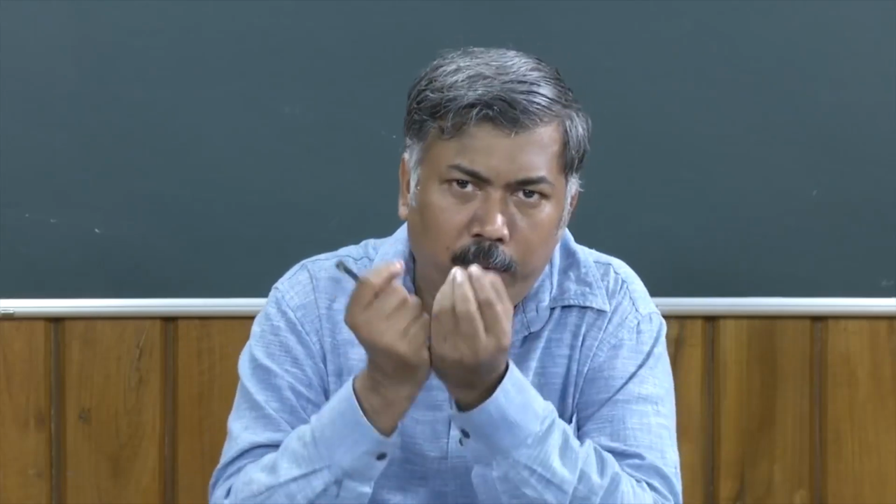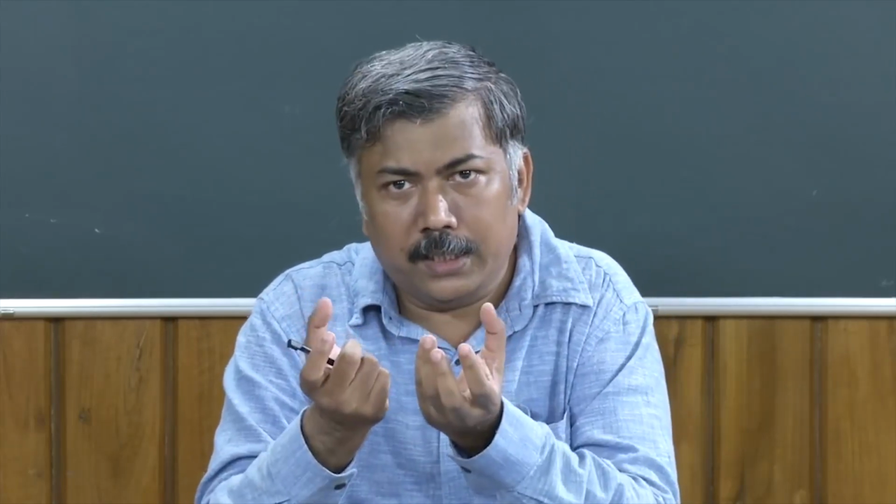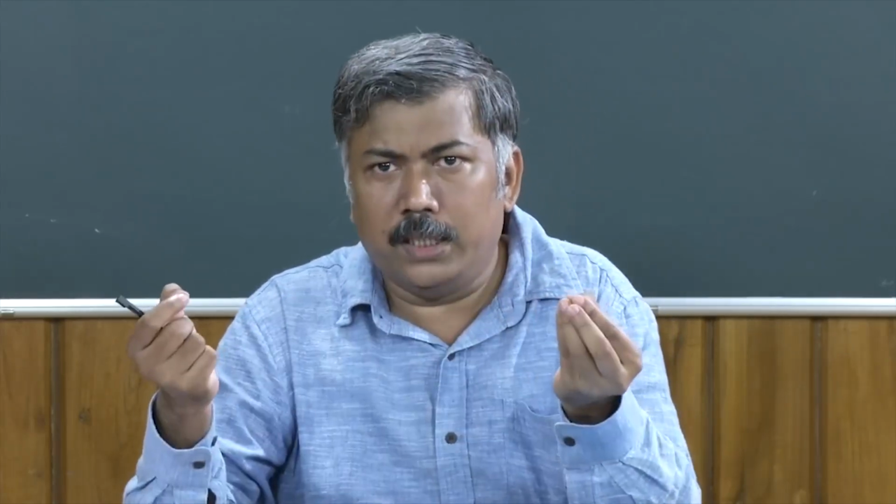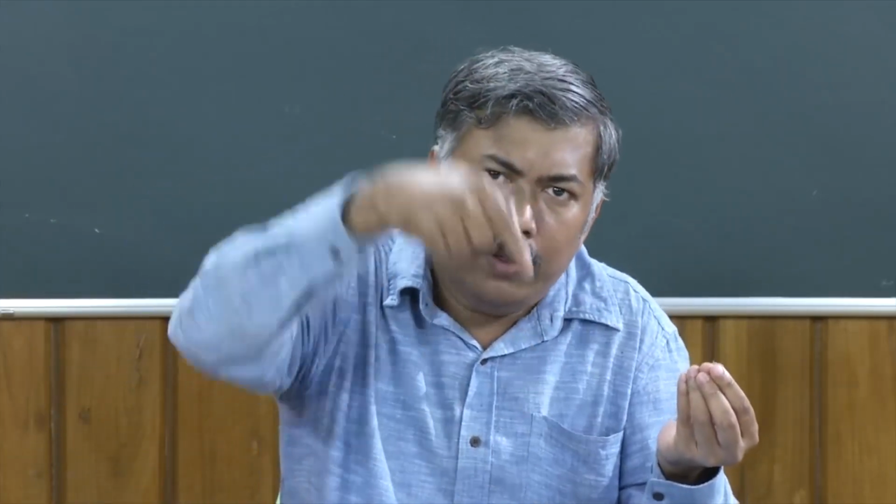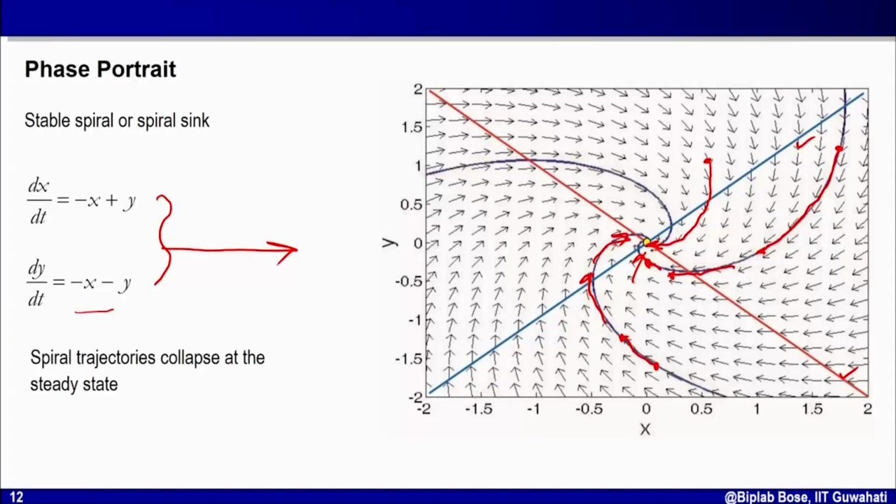So obviously this steady state is stable because it is sucking everything towards it. If you are at that steady state, you will stay there. But if you are disturbed from this steady state, you will follow the spiral trajectory. With time, you will again collapse to that steady state. So this is a stable spiral or spiral sink.